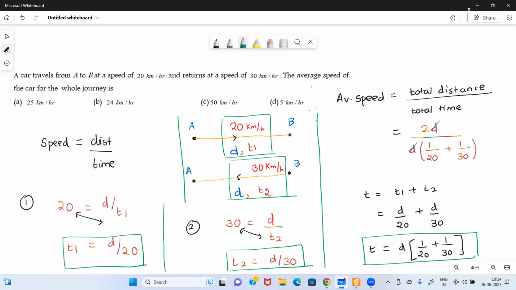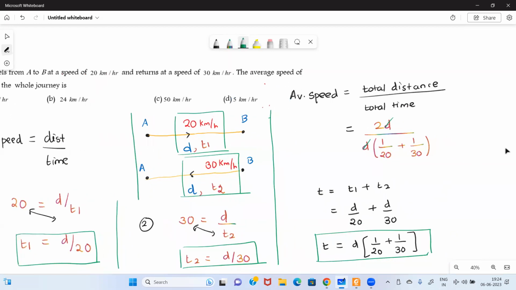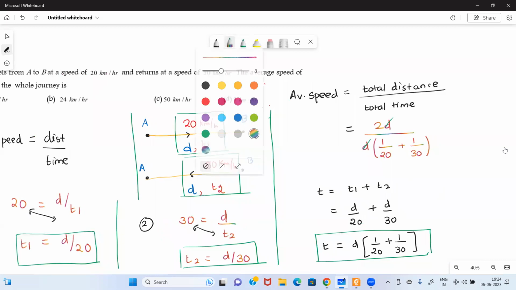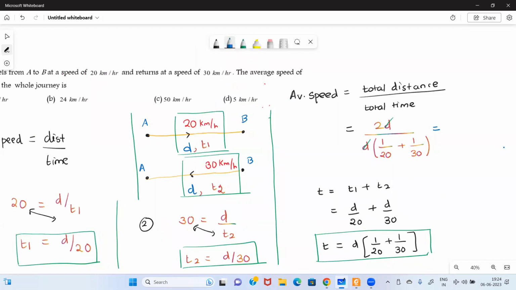So I can cancel D here. We are close to the answer now, right? So it is 2 divided by 1 by 20 plus 1 by 30. You can take LCM here. So it will be 30 plus 20 divided by 20 into 30. You can bring that up.